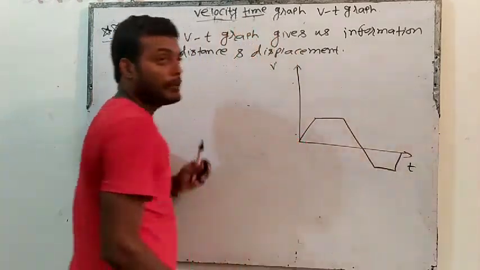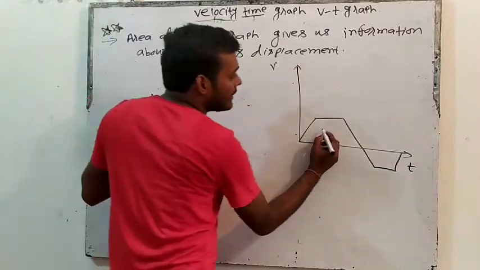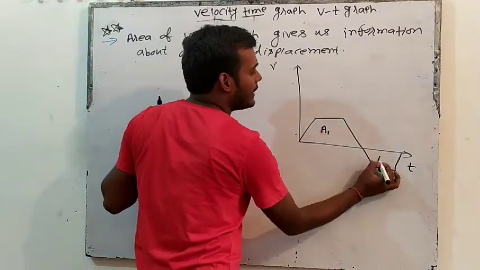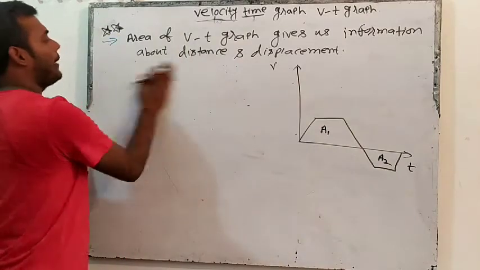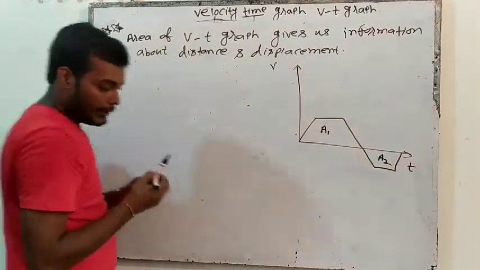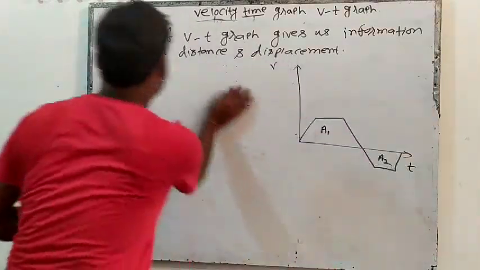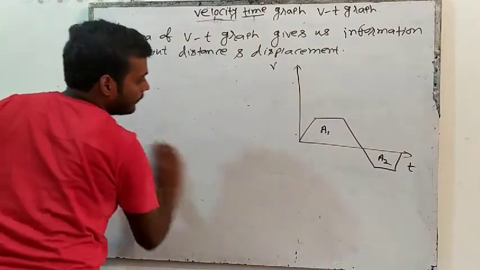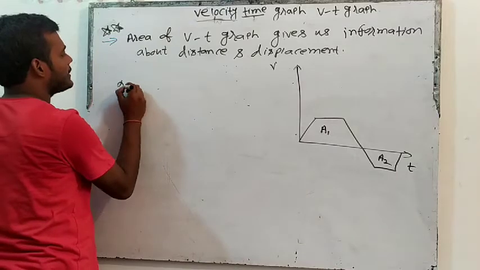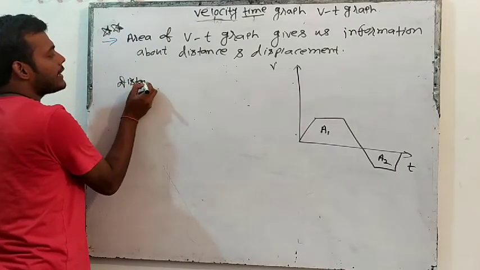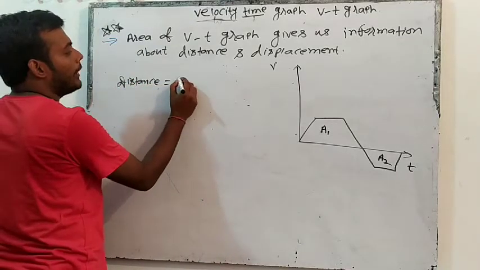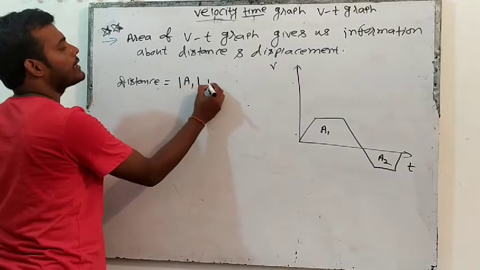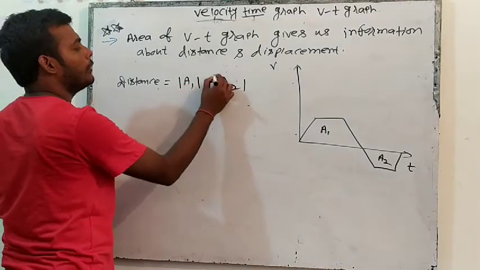You all know what a trapezium is. Let's say this area is A1 and this area is A2. If I am finding distance, then distance is equal to magnitude of A1 plus magnitude of A2.